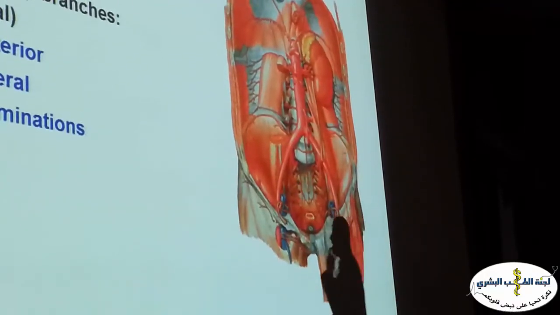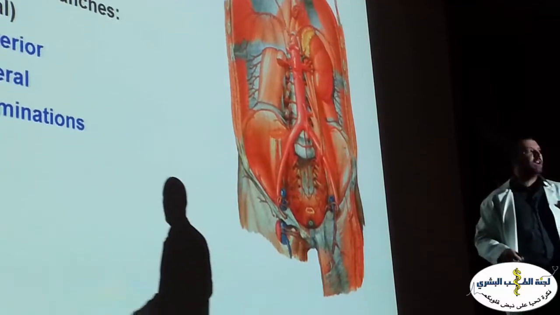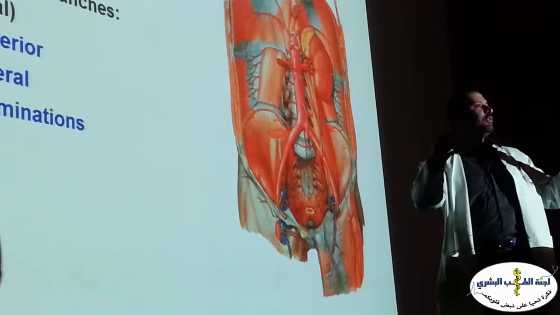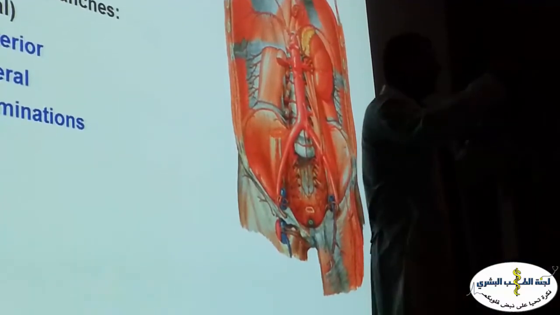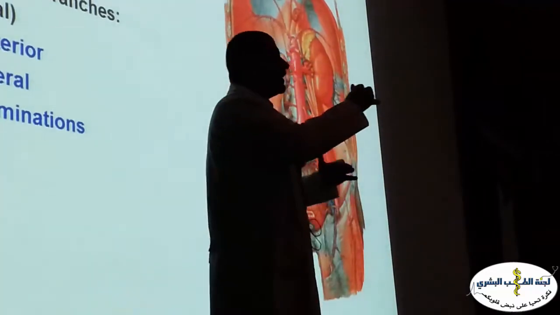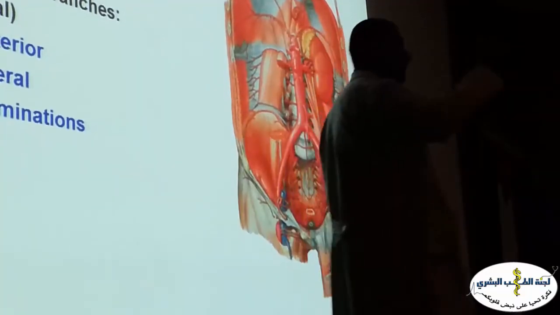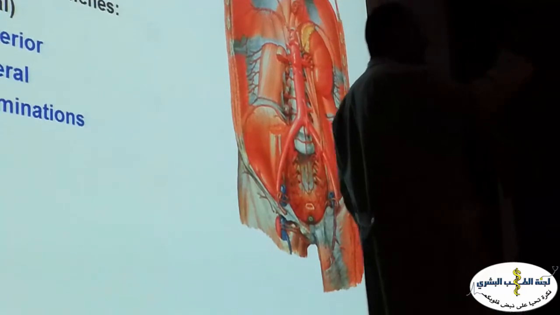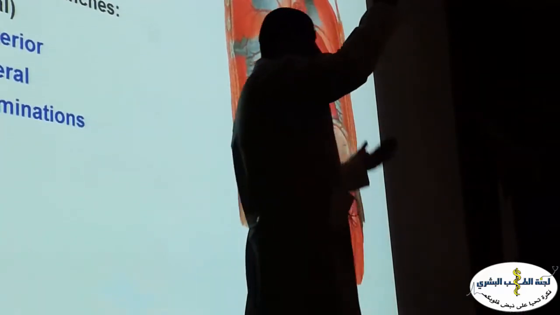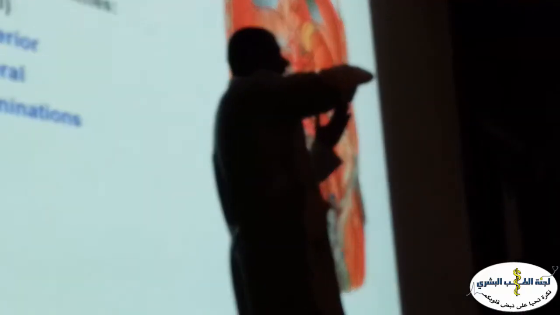Okay? Now, if you know the points of fusion, as I told you in the lab, the points of merging between the foregut and midgut and hindgut, you will know the main source of blood supply to these viscera. Okay? So, the foregut is fused with the midgut where? In the second part of the duodenum, yes? At the major duodenal papilla, okay?